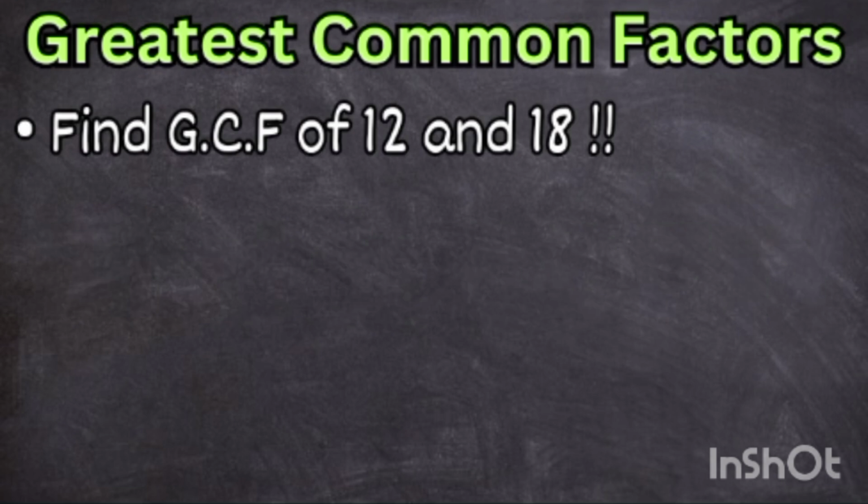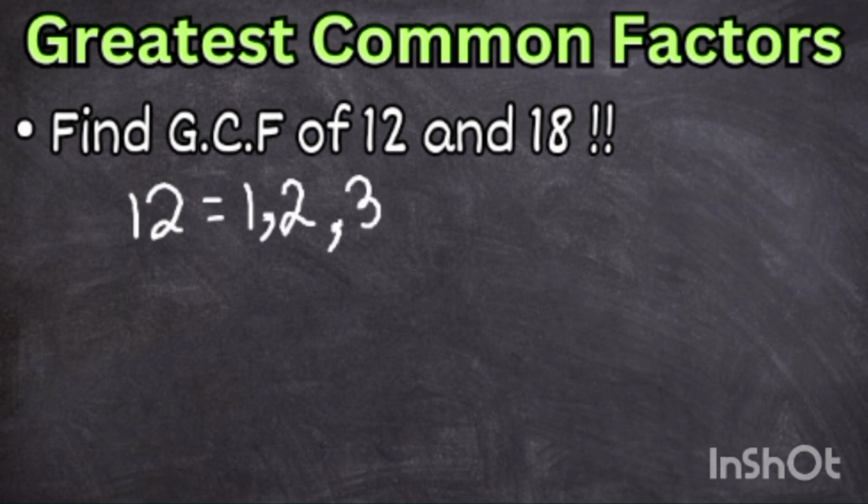So our first example is finding the GCF of 12 and 18. Let's solve this puzzle. Our first step is to list all the factors of 12 and 18. The factors of 12 are 1, 2, 3, 4, 6 and 12.